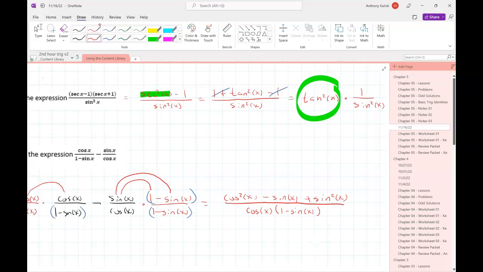I'm just going to leave the denominator in a factored form. Why would Mr. Kulik do that? Why not multiply the denominator out? What's the goal in this problem? What are we trying to do? Simplify. In order to simplify, at some point I'm going to want to reduce the fraction, correct? To reduce a fraction, it must be written in a factored form.